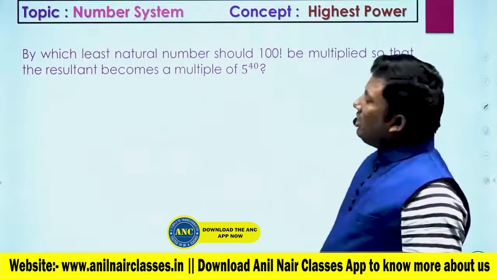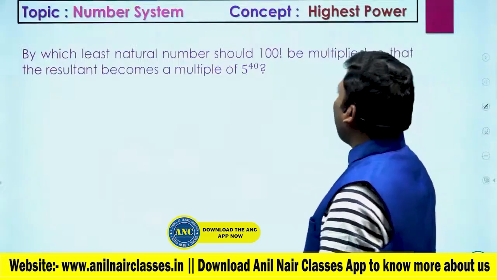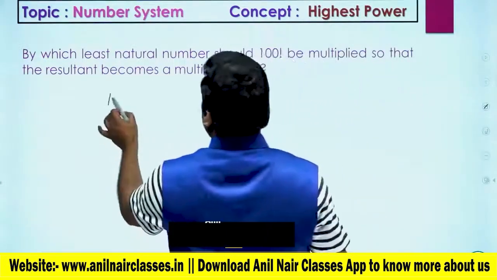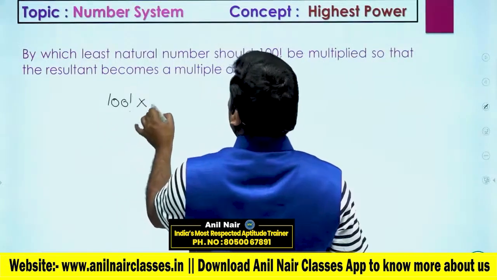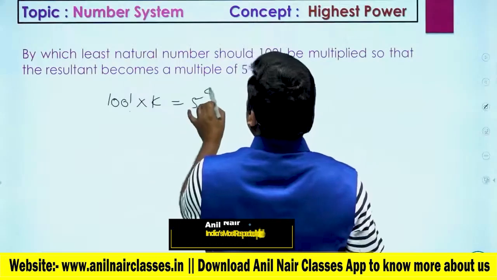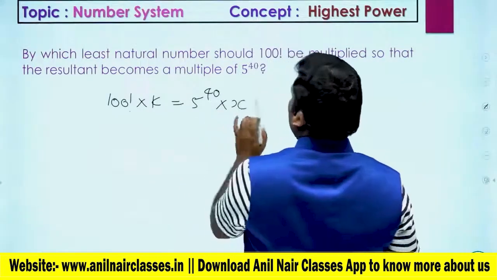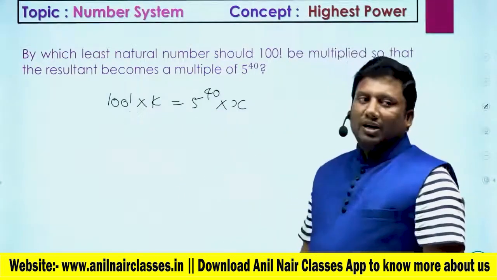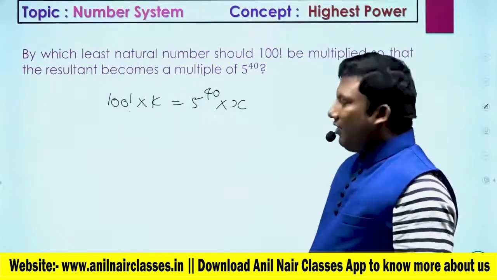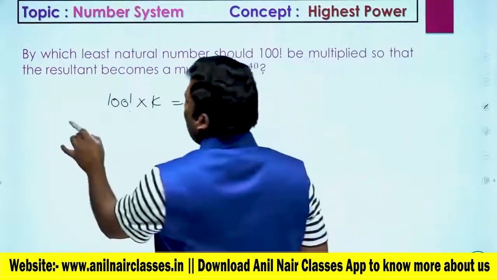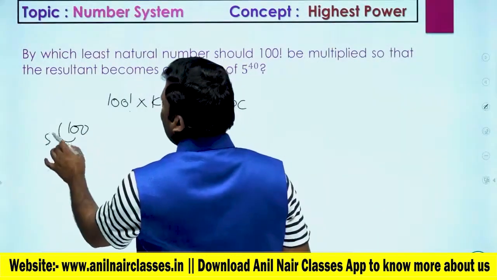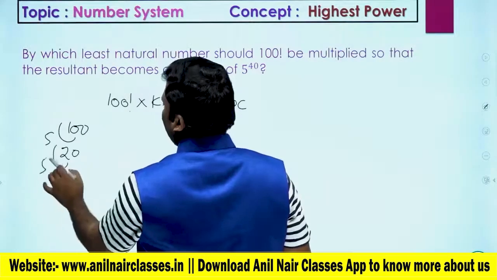By what least natural number should 100 factorial be multiplied such that the resultant is a multiple of 5 power 40? So it will be 5 power 40 into x. 100 factorial, how many powers of 5 are there? 5 20s are, 5 4s are.